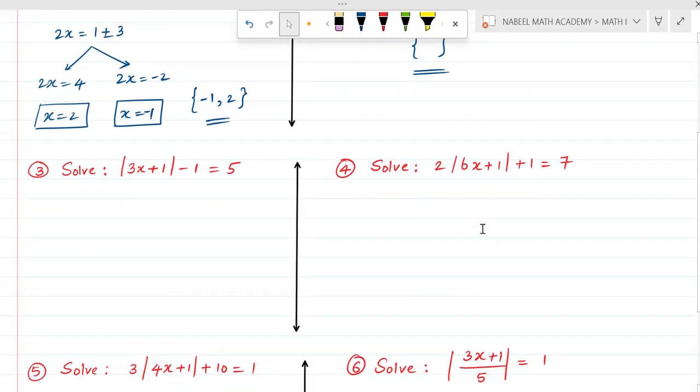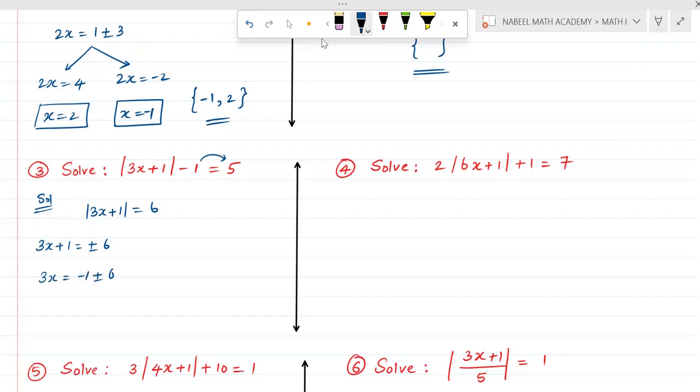Now the next question, we have |3x + 1| - 1 = 5. I will simplify this one. So you have |3x + 1| = 6. Then |3x + 1| = plus or minus 6, so 3x = -1 plus or minus 6.